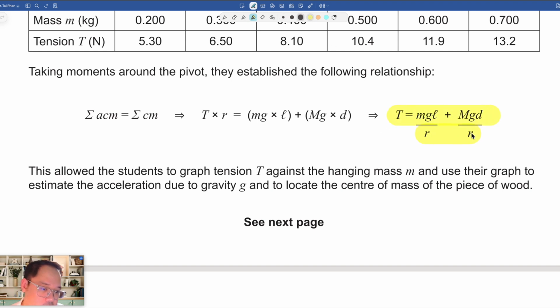This allows the students to graph the tension T against the hanging mass m and use the graph to estimate the acceleration due to gravity g, and to locate the center of mass of the piece of wood.